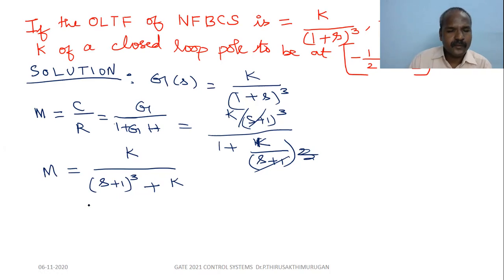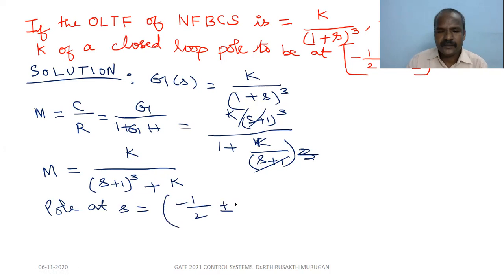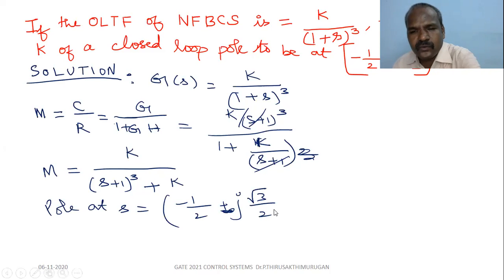Okay, so the pole value is given. So pole at s equal to minus 1 by 2 plus or minus j root 3 by 2.